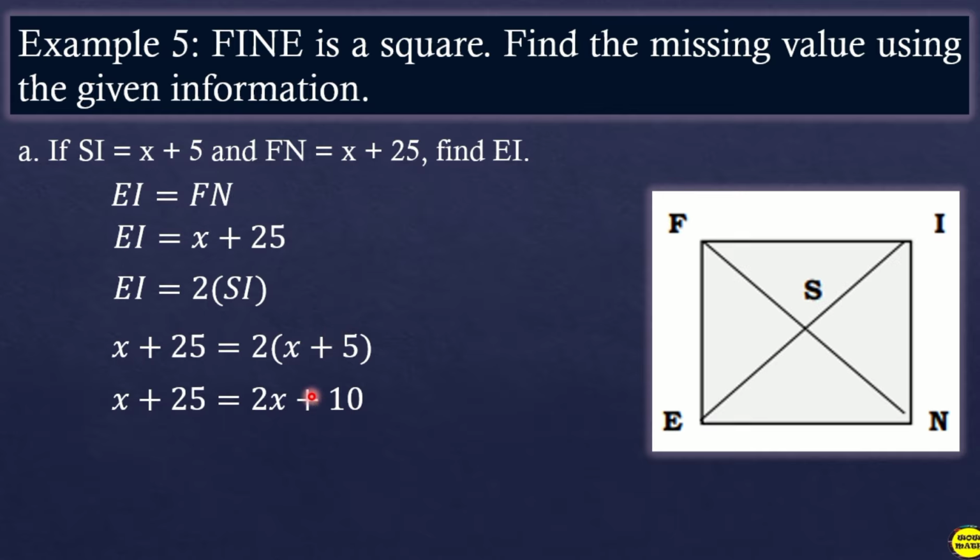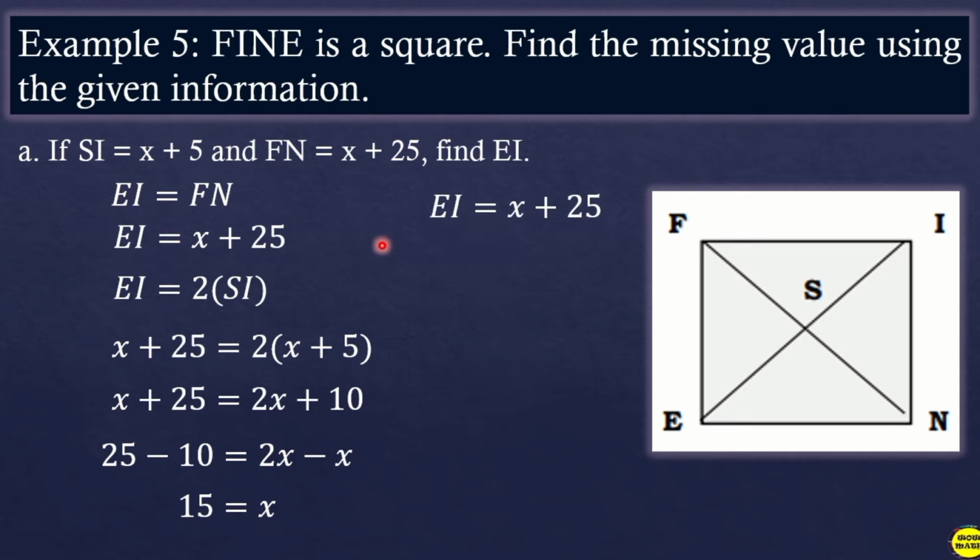That is 2x plus 10. And then, simplify. So, mas convenient na yung x ay ilipat natin dito sa right side para hindi na mag-negative yung x natin. And then, yung 10, ilipat natin sa kabila. So, 25 minus 10, that is 15. So, yung x natin is 15. Ngayon, makukuha na natin yung EI natin. Yung EI natin is x plus 25. Substitute lang natin yung 15 kay x, so 15 plus 25, so EI is equal to 40.